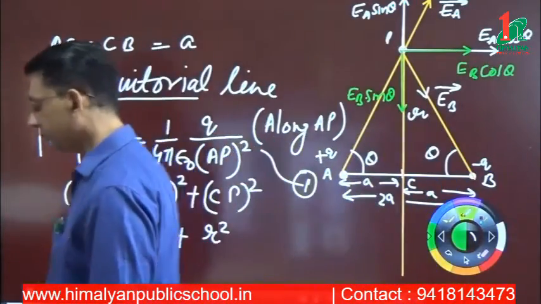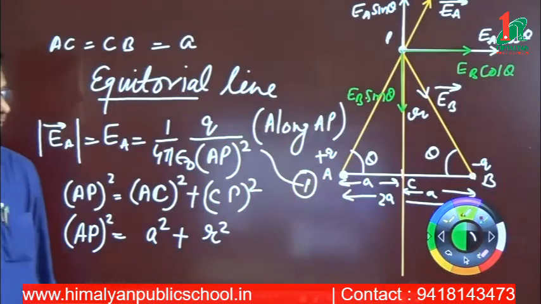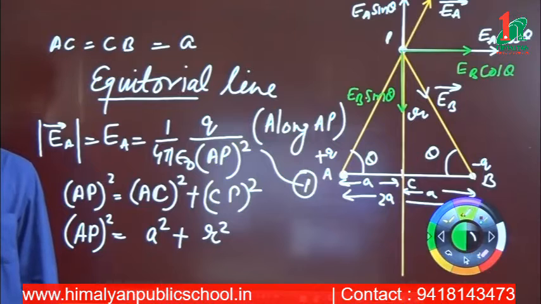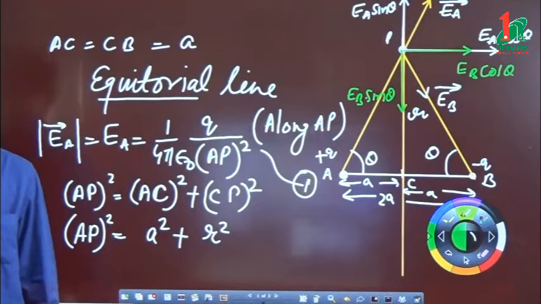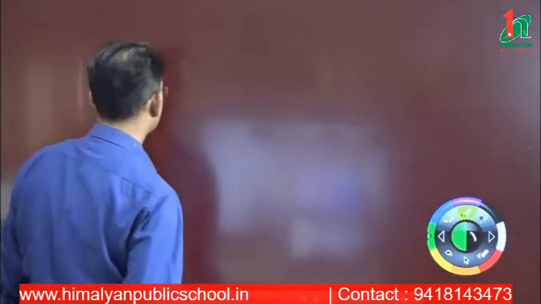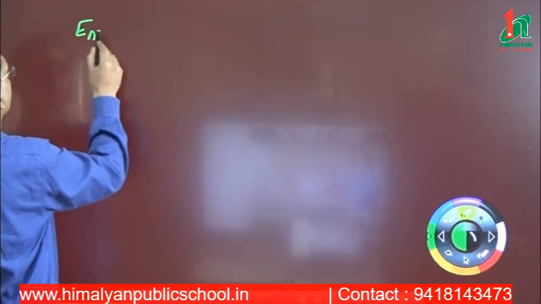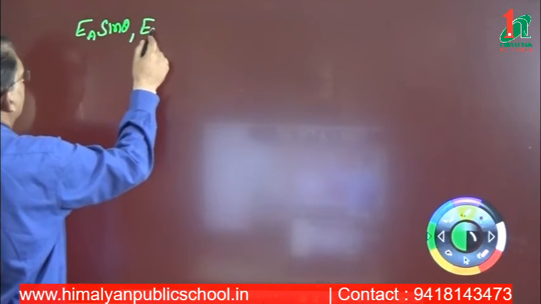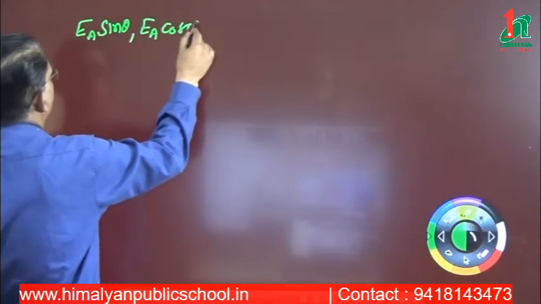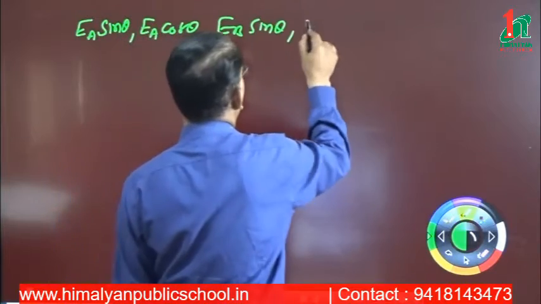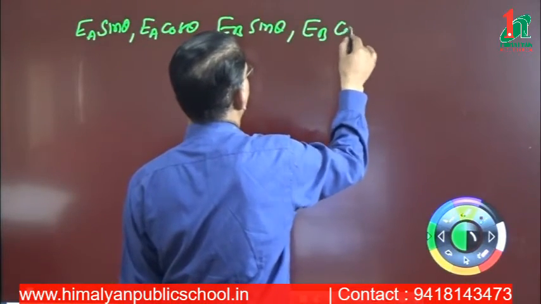Now you will write: EA sin theta, EA cos theta, EB sin theta, EB cos theta.